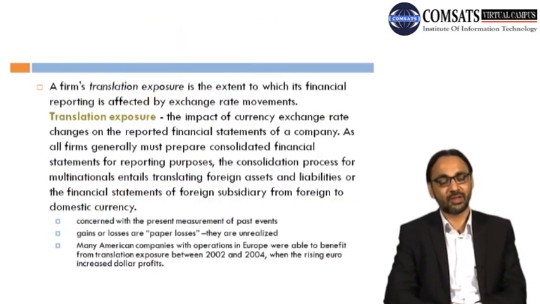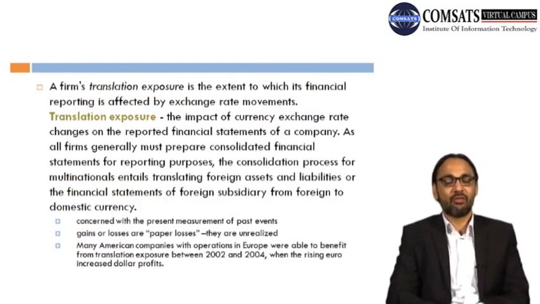The third one is translation exposure, the extent to which financial reporting is affected by exchange rate movements. Translation exposure is the impact of currency exchange rate changes on the reported financial statements of the company.